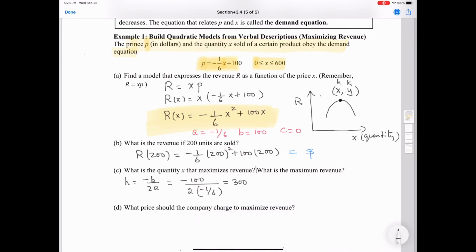So x is 300, which is the first answer. When it's asking what is the quantity x that maximizes revenue, the answer is 300.